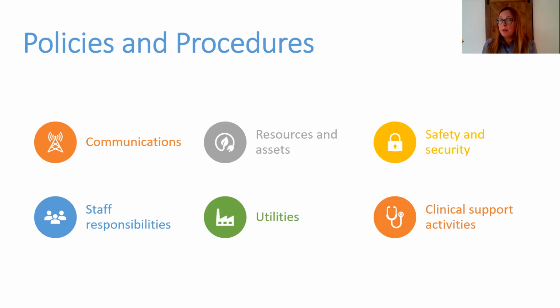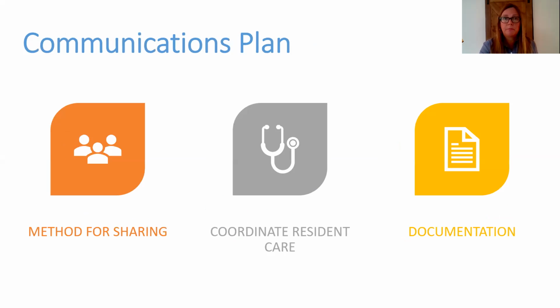And so again, all the policies and procedures, but as I said before, you're not creating new ones for the emergency preparedness plan. You are working on what you've already done in your organization, incorporating them into your emergency preparedness plan, and then making sure that everything is delegated to the staff who are responsible.